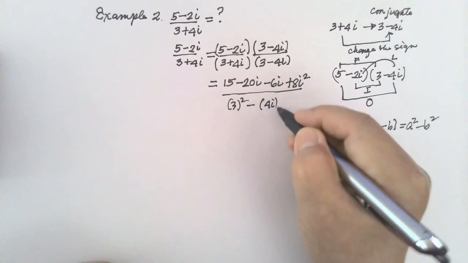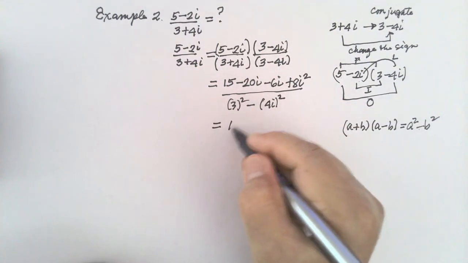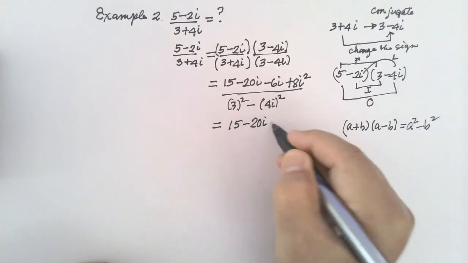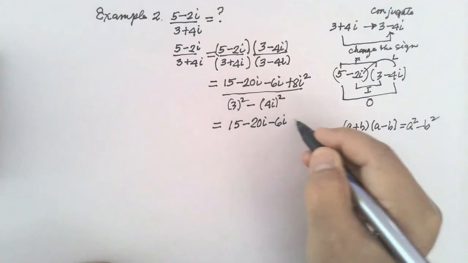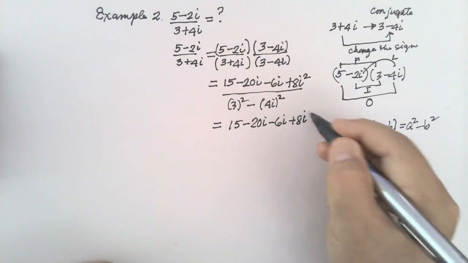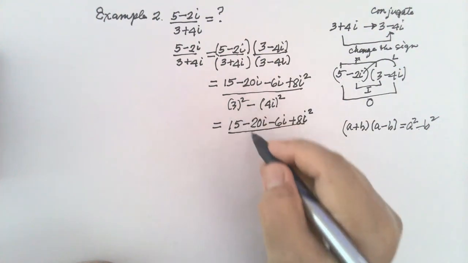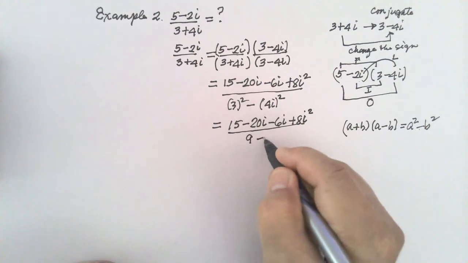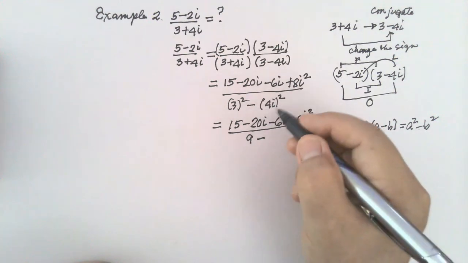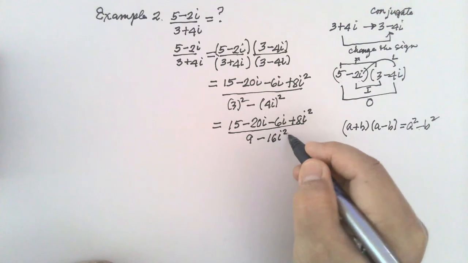square 4i there. So we have now 15 minus 20i minus 6i plus 8i squared over 3 squared is 9 minus (4i) squared is 16i squared.